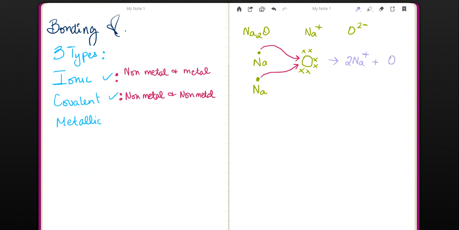Therefore, we have 1 oxygen, and since it gained 2 electrons, it now has an oxidation state of -2.